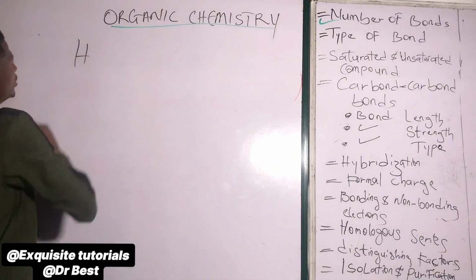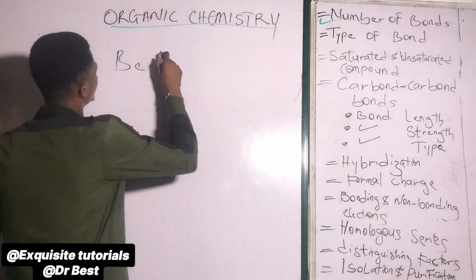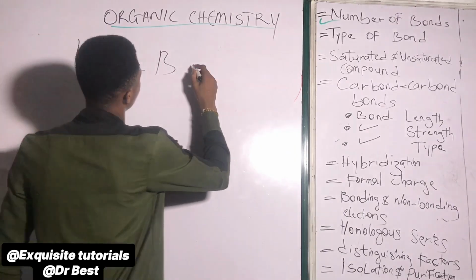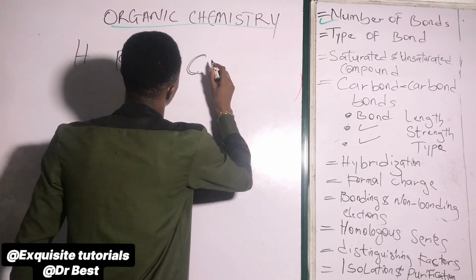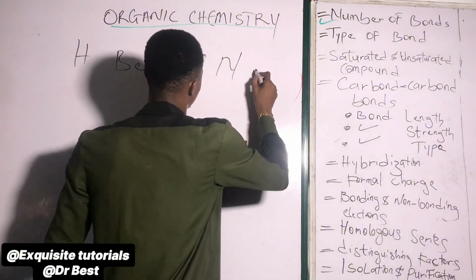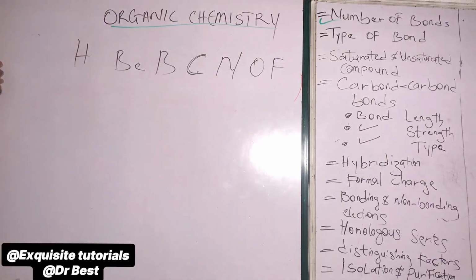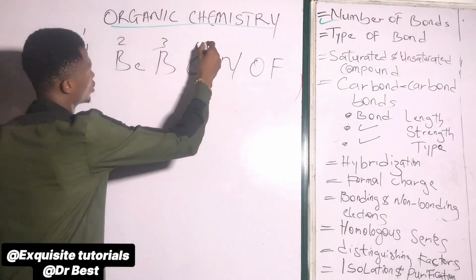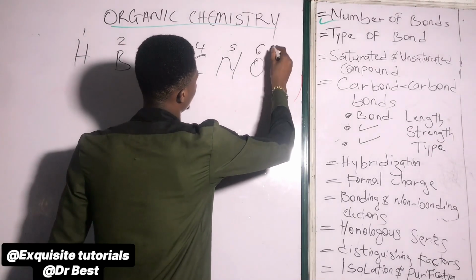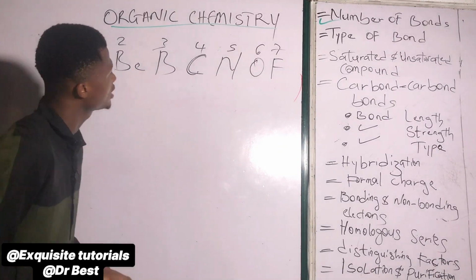We have group 1, hydrogen; beryllium; boron; carbon; nitrogen; oxygen; and fluorine. This is group 1, group 2, group 3, group 4, group 5, group 6, group 7. So all elements are represented here.